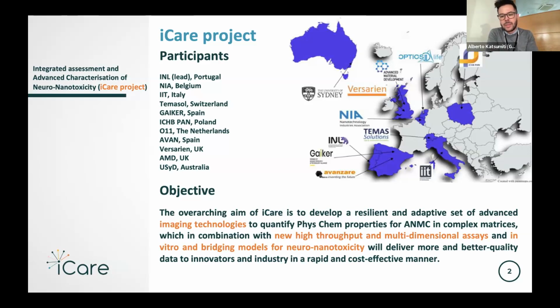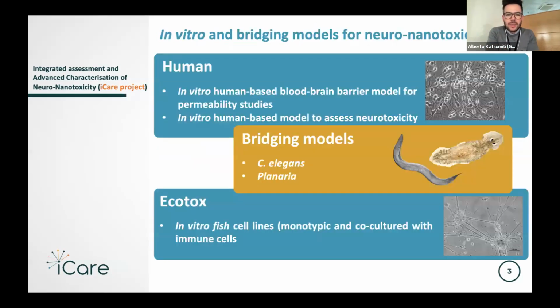These assays are applied to the in vitro methods that we're developing, which is the third part of this development. In this last part, the objective is to develop new in vitro and also bridging models for nanotoxicity. This presentation is very focused on the in vitro and bridging models.